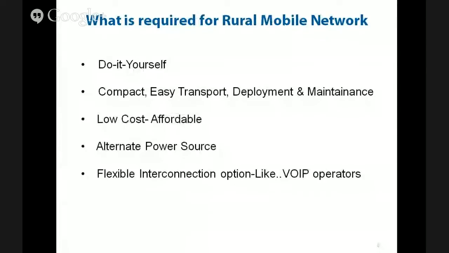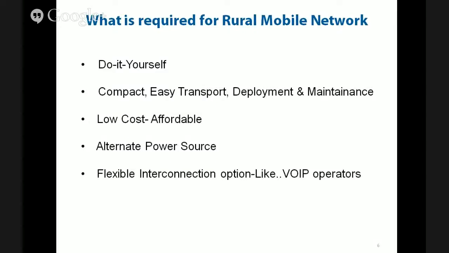So the equipment must have an alternate power source, like solar or any other source. So we can easily connect this equipment to another power source.